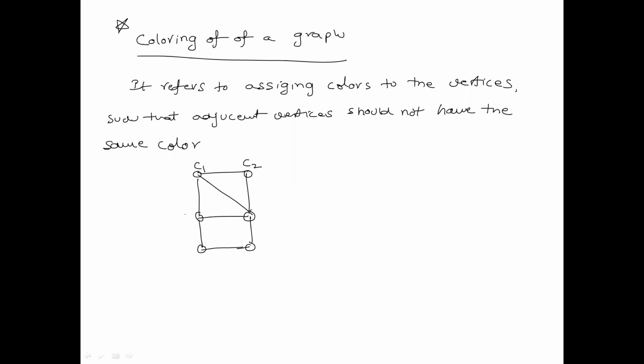So one lazy way of doing coloring is I give one color to this, another fresh color C4 to this, C5 and C6. So obviously this graph is 6 colorable, because with 6 colors I can color this graph. Naturally, if there are n vertices, obviously it is n colorable, right?